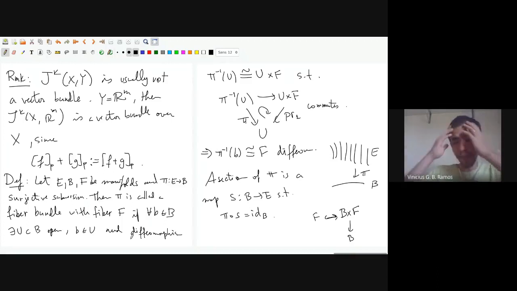So another way to say this is that you take a little neighborhood in B, you take the product with the fiber, and then you can do that for a collection of open sets that cover B. And then the thing is how you glue these. So you glue these using some kind of homeomorphisms or diffeomorphisms of the product.